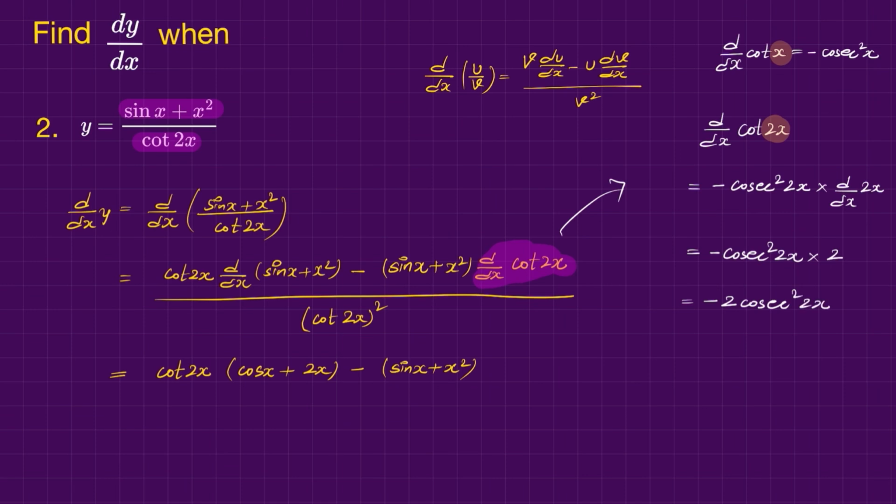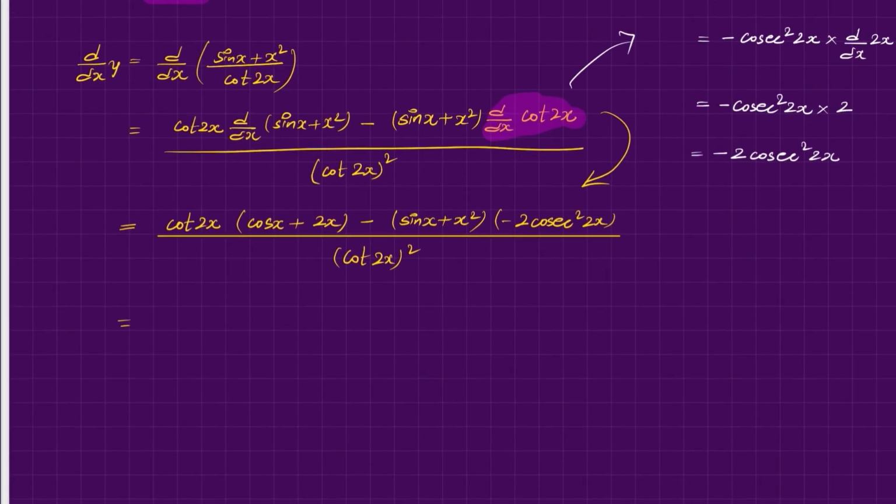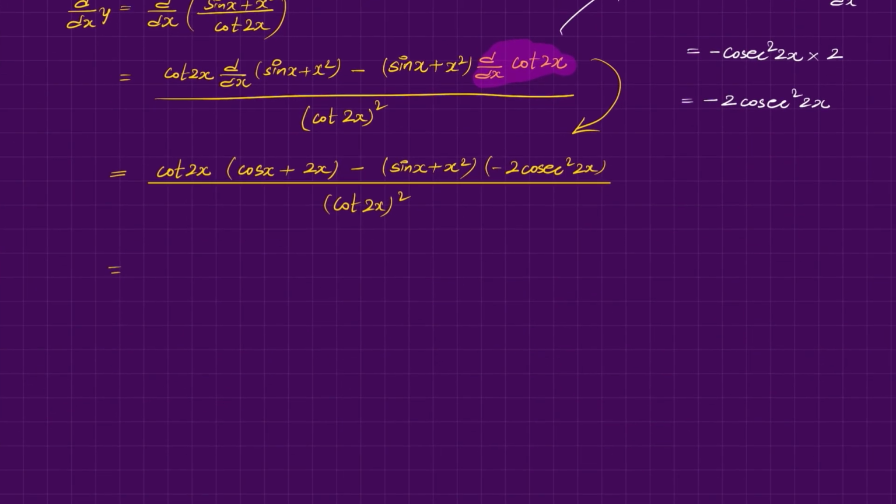So let us come back here. That means d/dx of cot 2x can be written as minus 2 cosec² 2x, whole divided by (cot 2x) whole squared. Now let me simplify this further. Obviously d/dx of y means dy over dx.